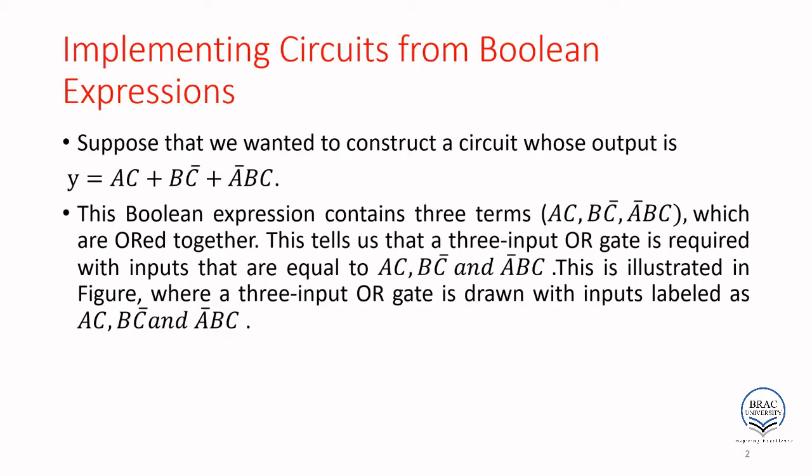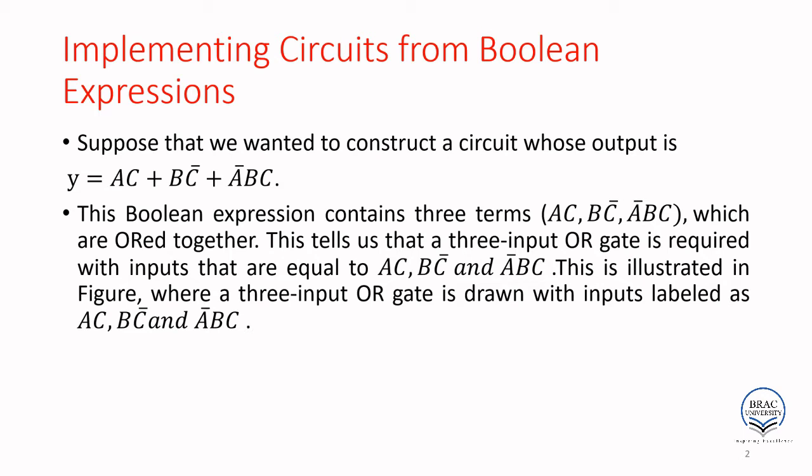You already saw this equation in the previous recording. So what it says, you are given an equation Y equals AC plus BC prime plus A prime BC. You need to draw the circuit from the Boolean expression.